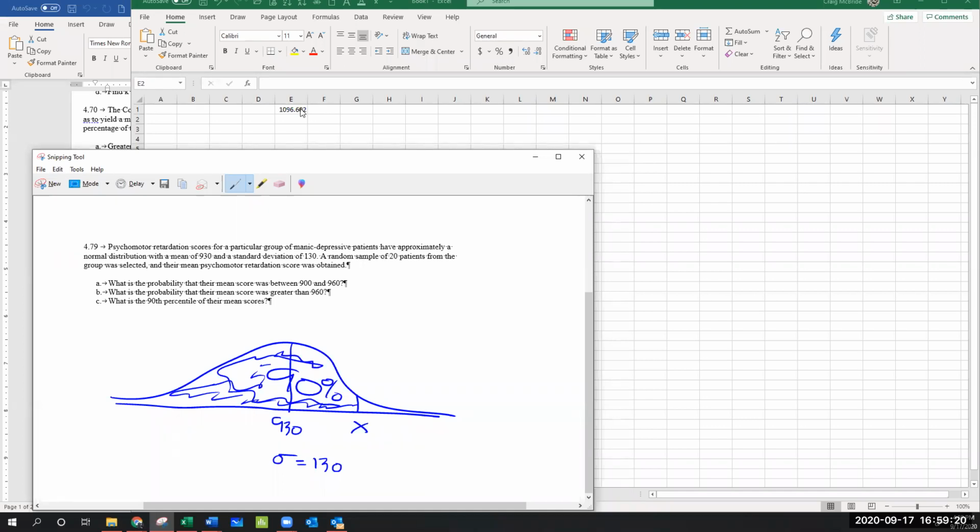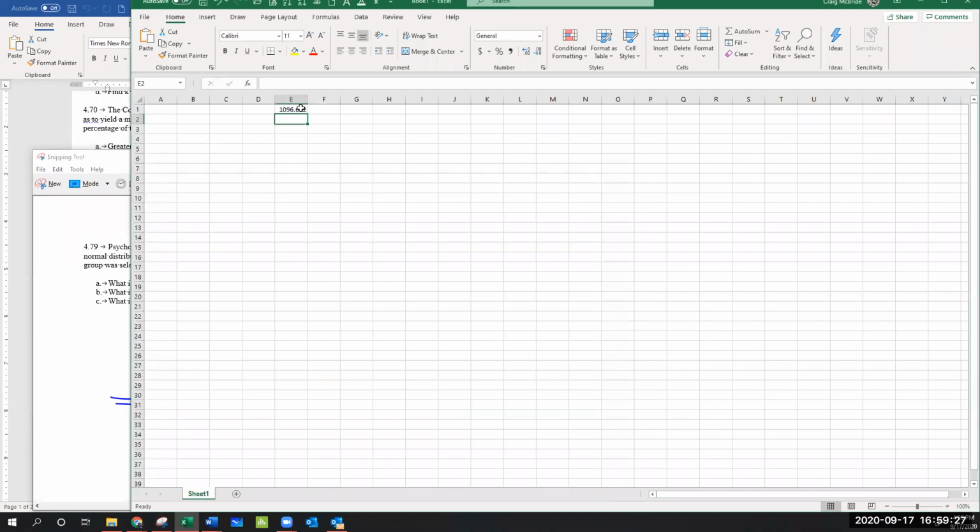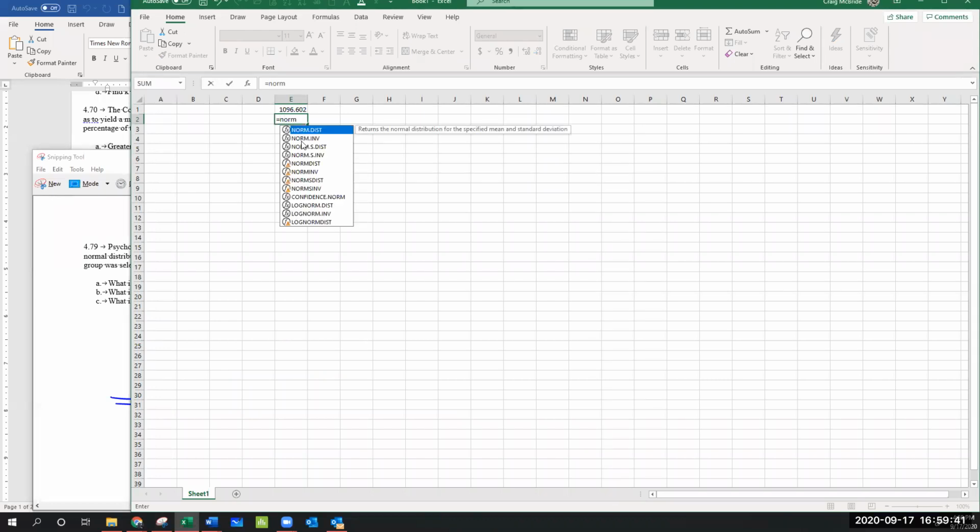In SAS we got 967. That's what I have from SAS. I thought I got a smaller one in SAS as well. 0.9, 930, 130, equals. What's this one? Returns the standard normal distribution. Nope, that's not what we want. Returns the inverse of the standard normal. Nope.